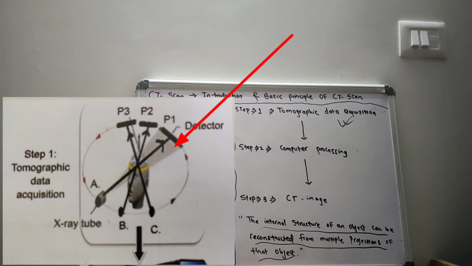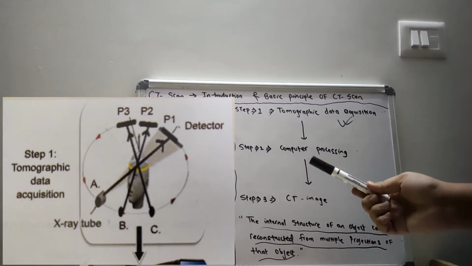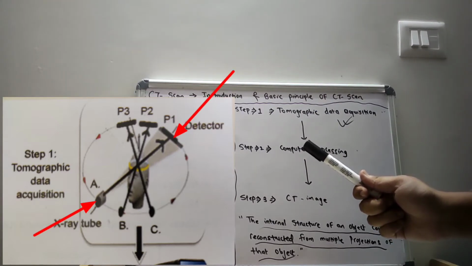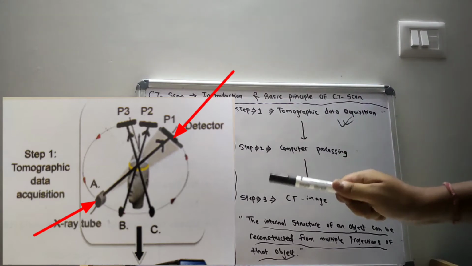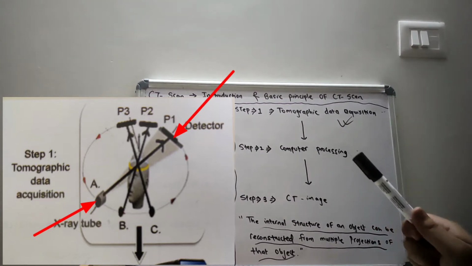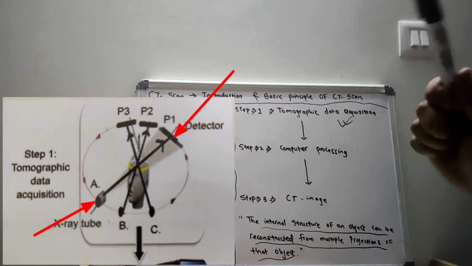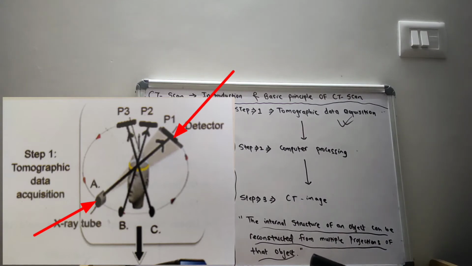You can see in this figure that there is the X-ray tube at position A, and at the opposite end there is the detector at P1. So P1 is just like a spot radiograph or routine X-ray image.